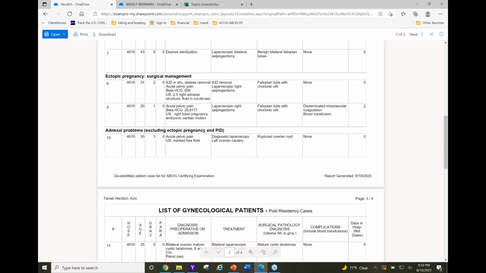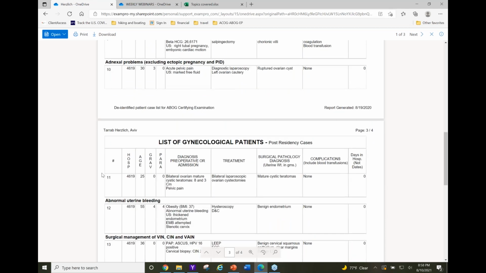We might talk about more than one thing, but I want to ask you about case number 11. There's a 25-year-old G0P0. So were you pretty confident that this patient had teratomas preoperatively? And if so, why?